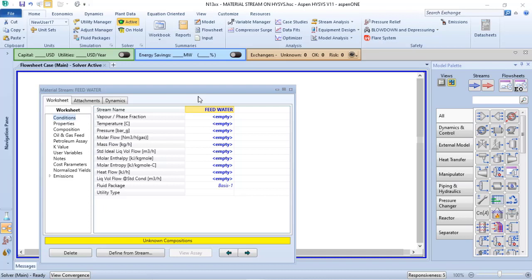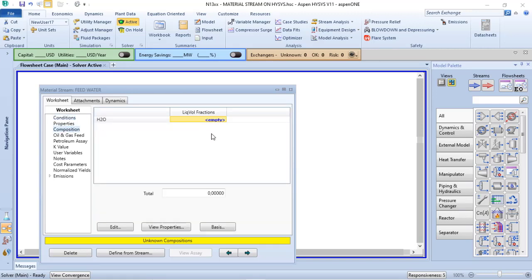With that, Aspen Hysys will perform calculations and fill in the information for the other parameters. And the identification of your material stream will change from light blue to dark blue. In this case, to proceed with the specification of the material streams, let's go to the option composition.